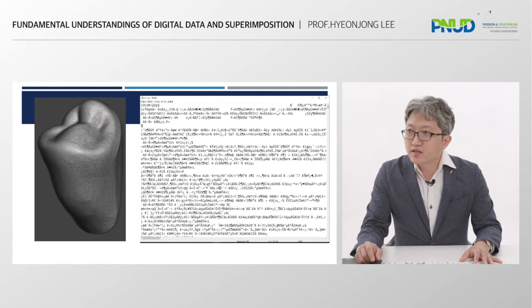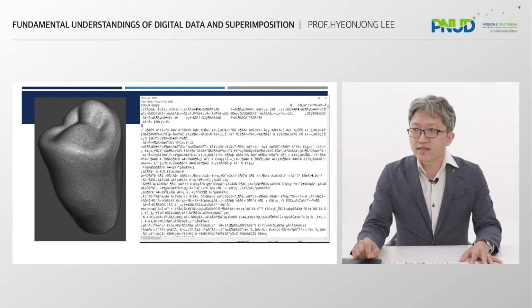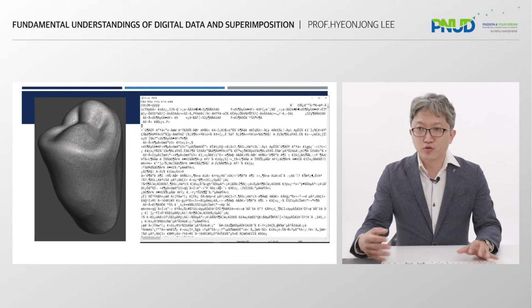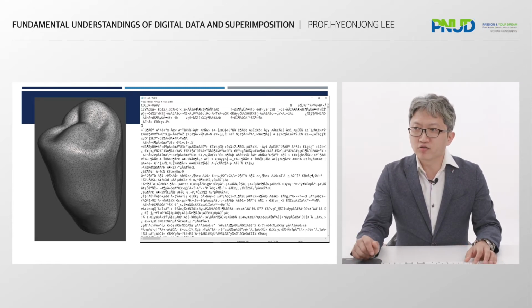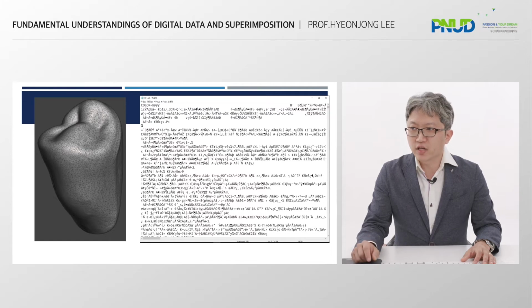Let me show you this. We can open an STL file using the Notepad program on your computer, and I recommend you try this. You just need to open the Notepad program in Windows, then drag and drop a certain STL file. Then you can see this unreadable information.